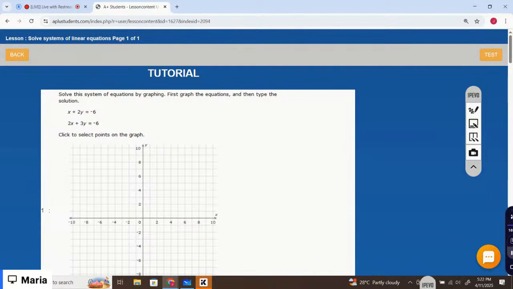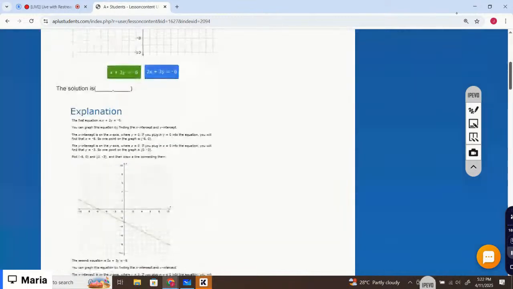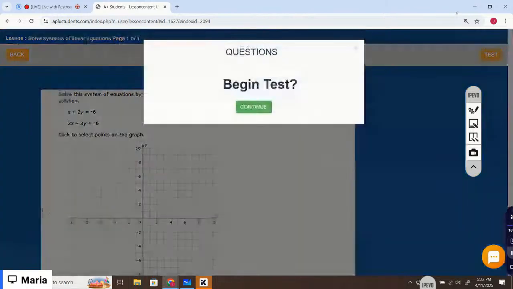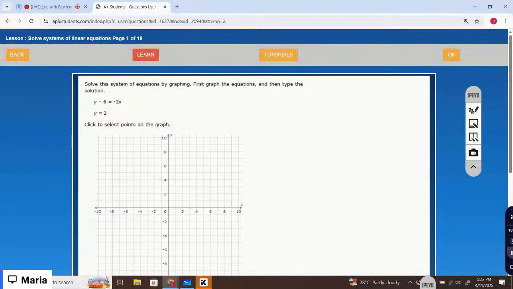Solve the system of equations by graphing. You have to graph the equations and then type the solution. X plus 2y equals negative 6 and 2x plus 3y equals negative 6. Let's just start with the test questions. Y minus 6 equals negative 2x and y equals 2.